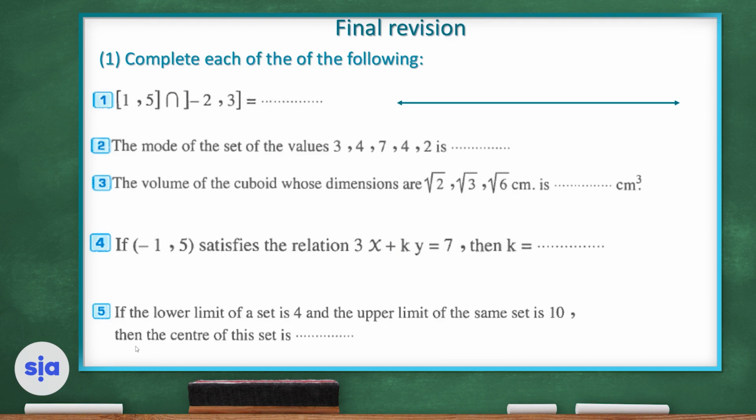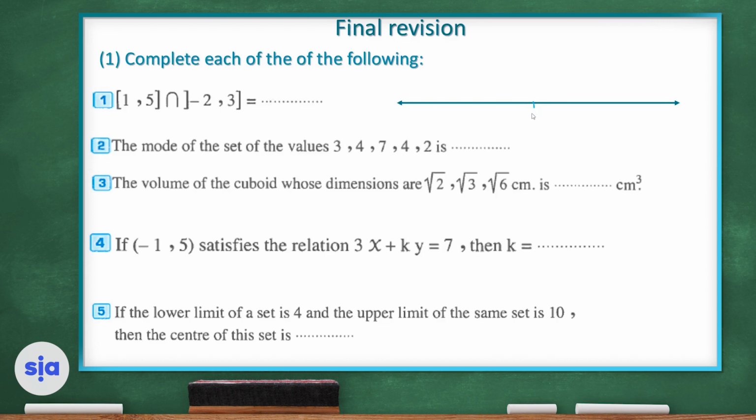In number 1, the interval from 1 closed until 5 closed intersects the interval from -2 opened until 3 closed at what? What you need to do is to graph each interval on this number line.